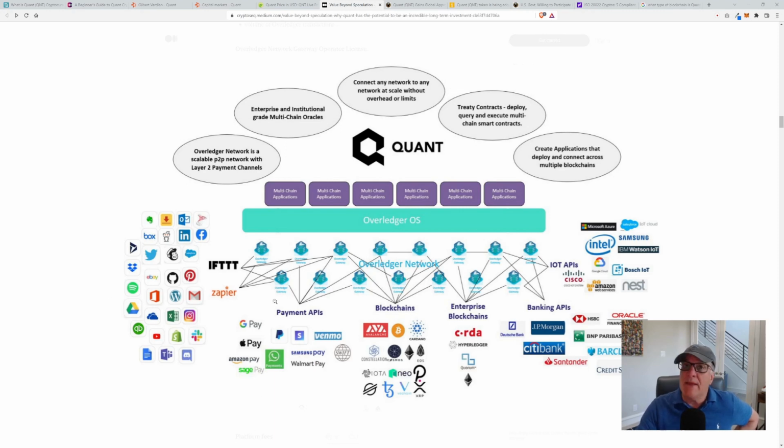Then you've got all the payment APIs: Google Pay, Apple Pay, Amazon Pay, Samsung Pay, Venmo, Walmart Pay, Swift, and guys, they're ISO 222 compliant. So you know that makes me happy. Look at the blockchains they're working with: XRP, Stellar, Tezos, VeChain, Ethereum, of course, EOS, Cosmos, Cardano, Bitcoin, Avalanche, Constellation. All these blockchains are able to communicate with one another through the Overledger operating system that Quant has developed.